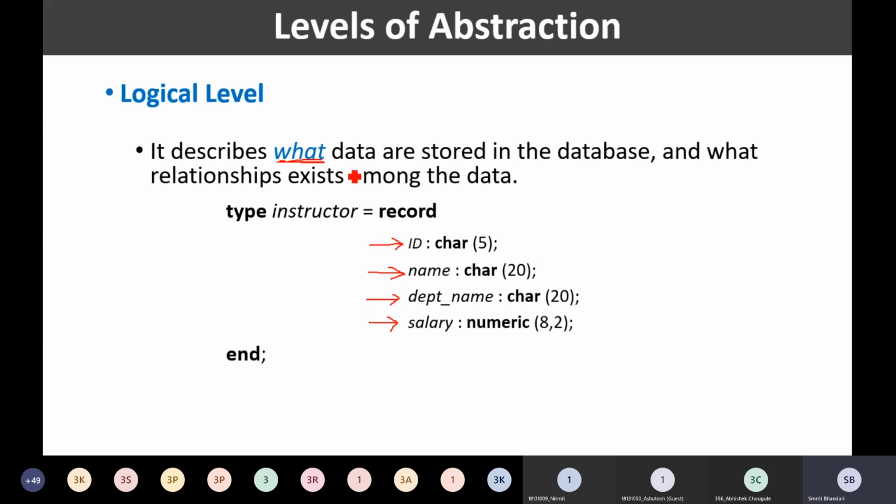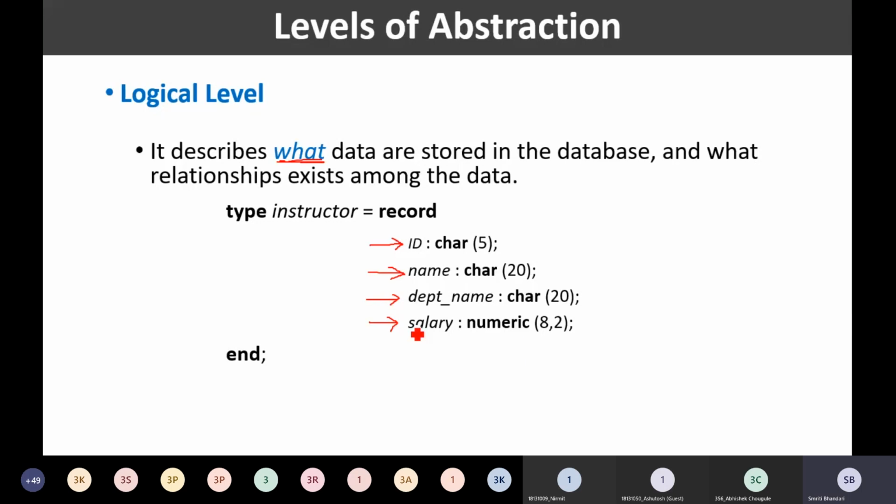And the relationships. So while describing this data, what we are mentioning here is the instructor record has 4 components. And what are those 4 components? The ID with data type character, the name, once again the data type is character, the department name, data type is character, and the salary of the instructor, which is of type number, numeric.